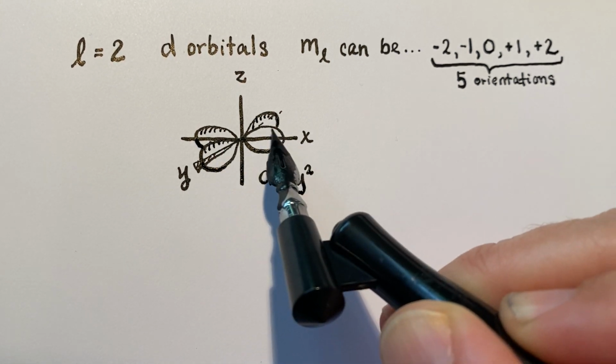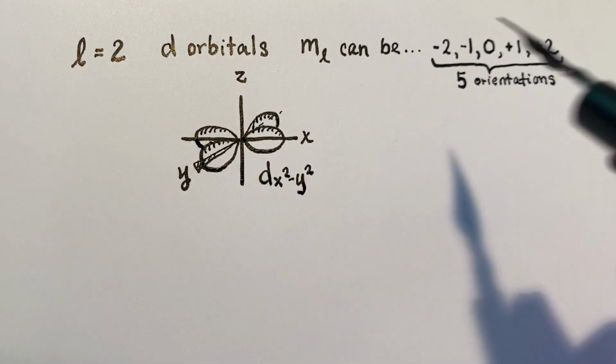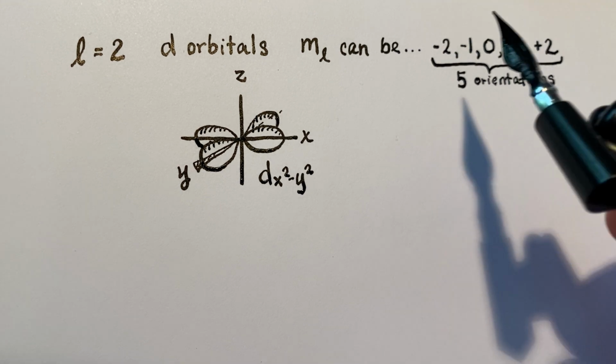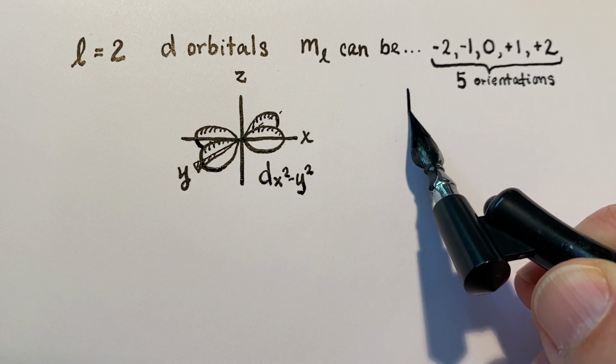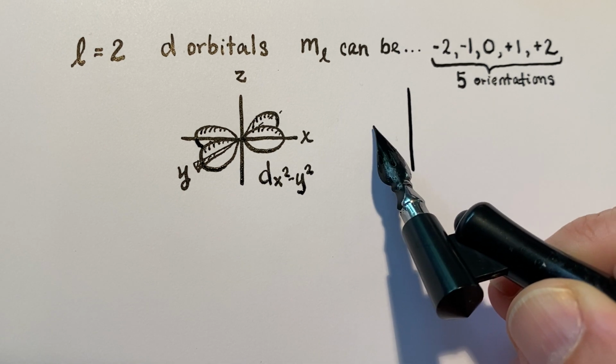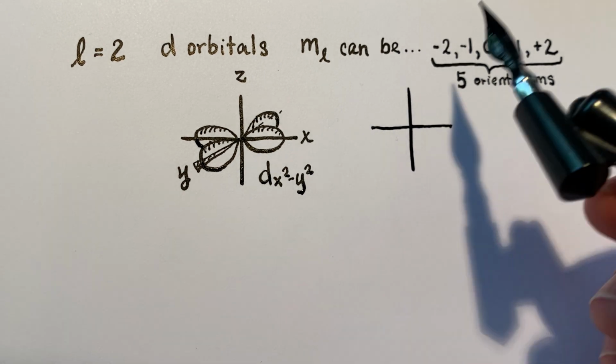This is what it looks like for dx squared minus y squared. Okay, next on the docket we have the dz squared.